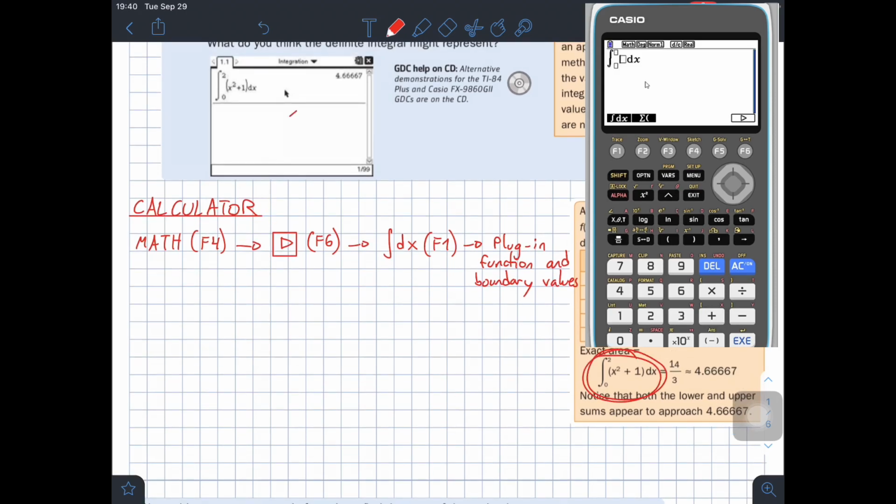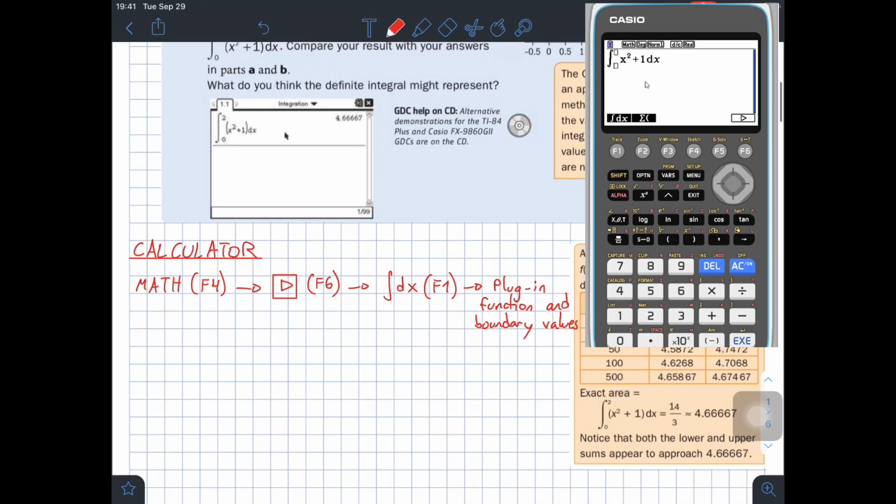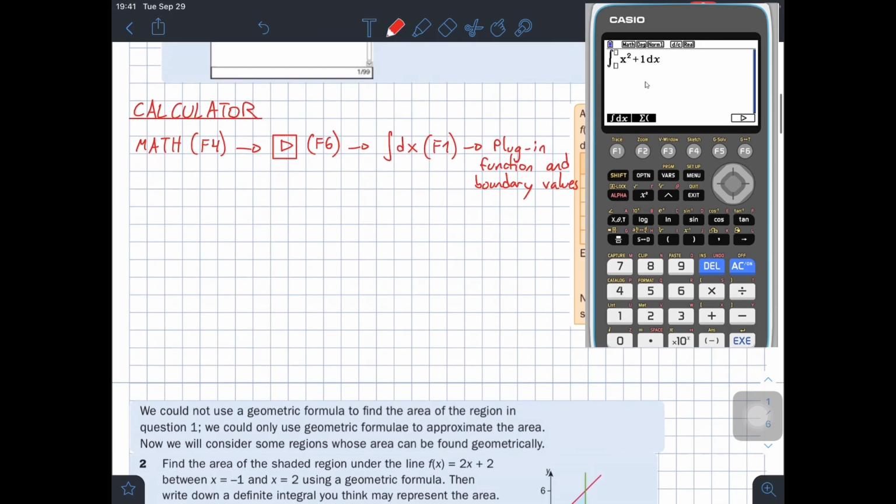So you write x squared plus 1. And then you need to define the limits of integration. In this case, we're finding the integral from 0 to 2, okay? Here it says f of x equals x squared plus 1 from x equals 0 to x equals 2. So that is our boundary: from 0, which is the value you put down, to 2, which is the value you put up.